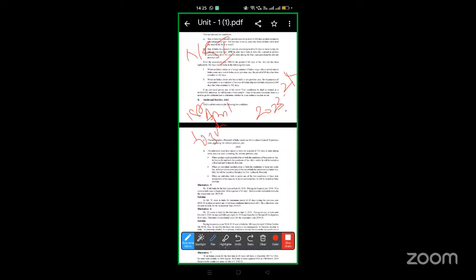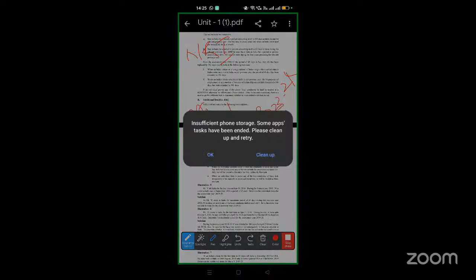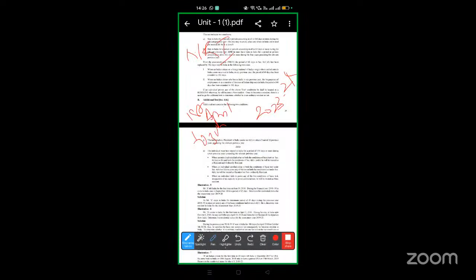In this period, the individual must have stayed at least 182 days, or 60 days. Means 182 days is for calling resident, and the other basic condition is 60 days and 365 days out of 4 relevant preceding previous years.